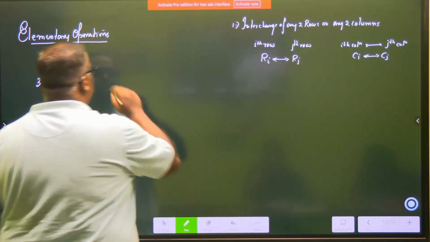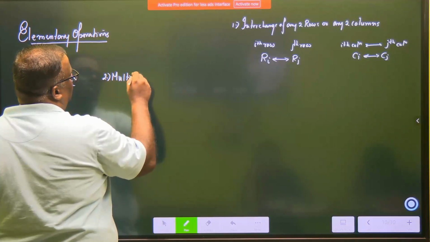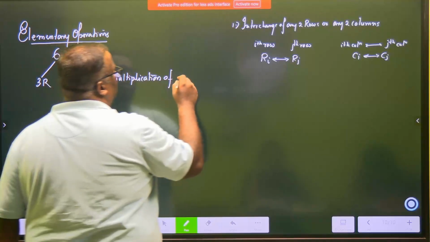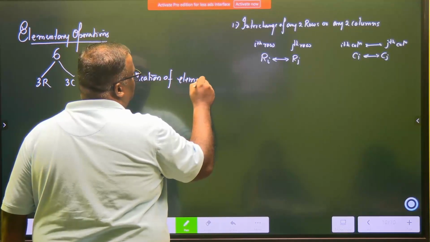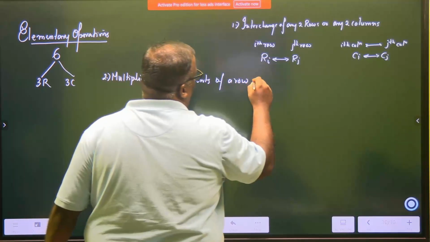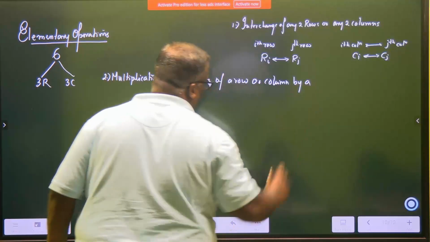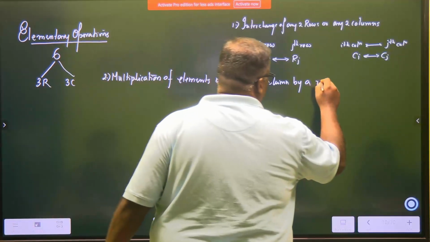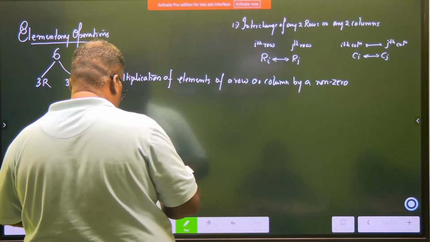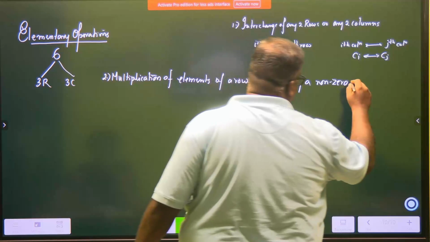Next is multiplication of elements of a row or column by a non-zero number. Multiplication of elements of any row or any column by a non-zero number. That's basically a scalar multiple.